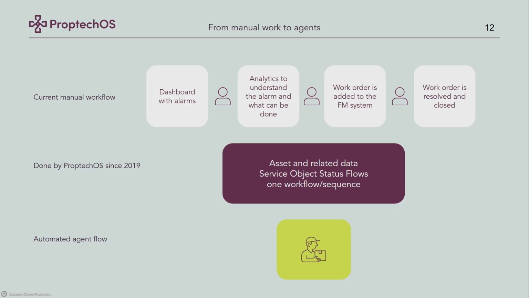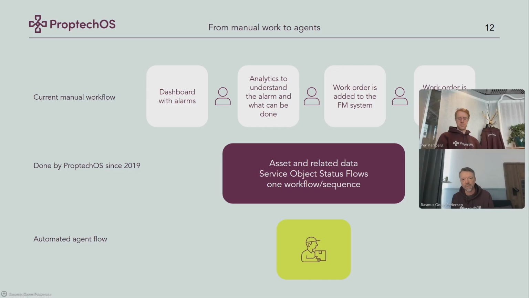All of them are, from the perspective of the AI agents and from real estate core, different kinds of service objects. So Per, what you say is that this service object is not a proprietary thing that we in Proptech OS have made.